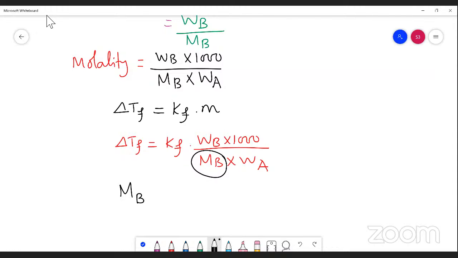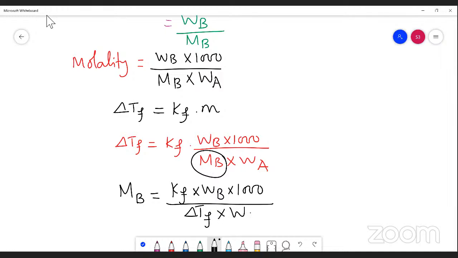So it is given by the formula MB equals Kf into WB into 1000 divided by del TF into WA.